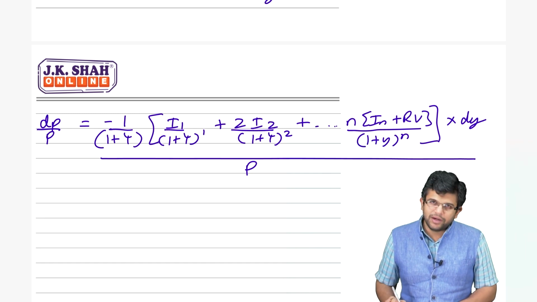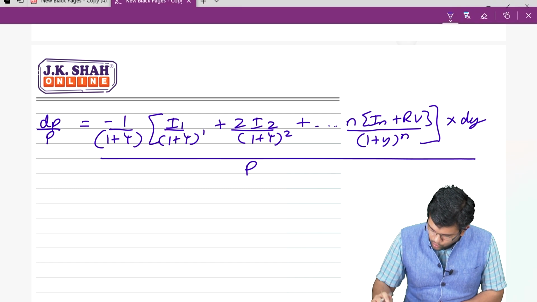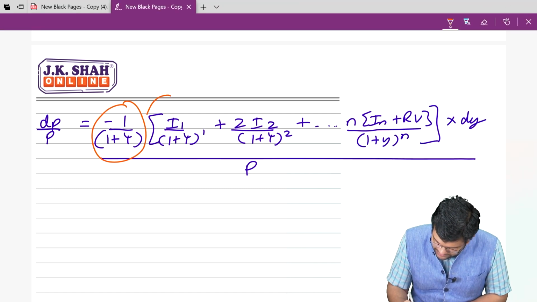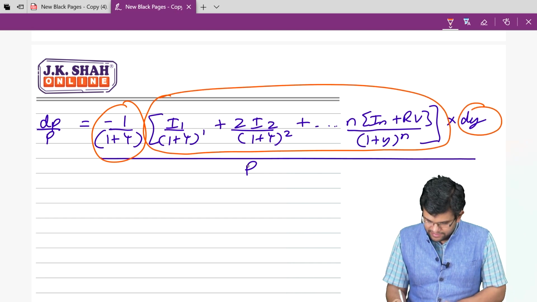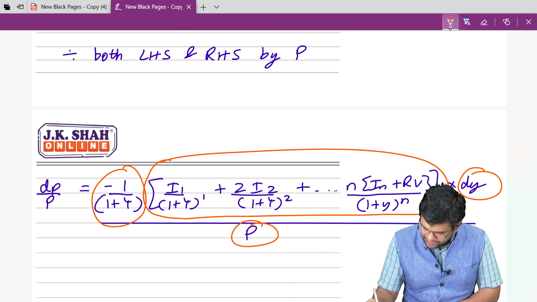Now children, please understand that this is your one term. Let me just mark it for you. This is one term, this is second term, and this is third term divided by fourth term. Correct? Now let me just see how many of you understand mathematics.